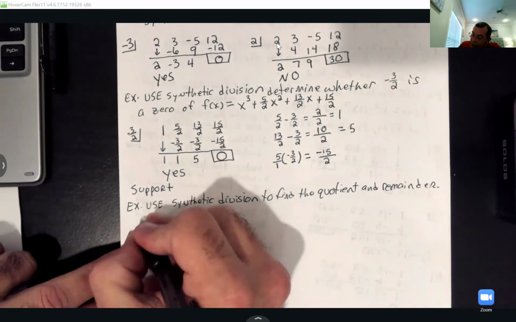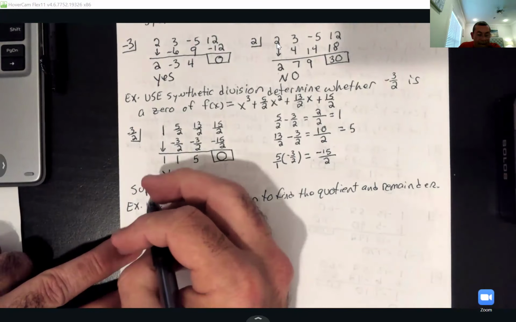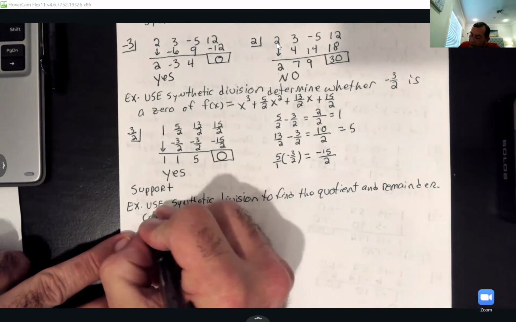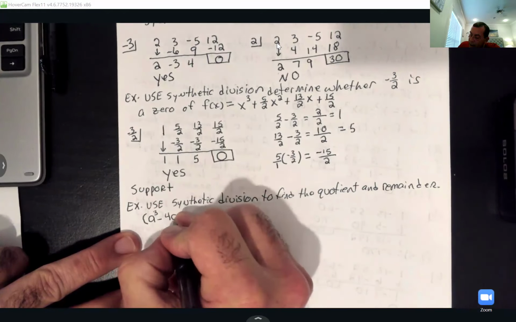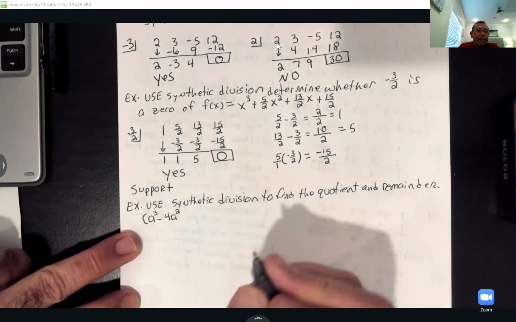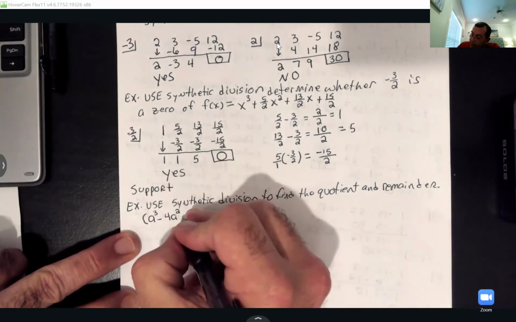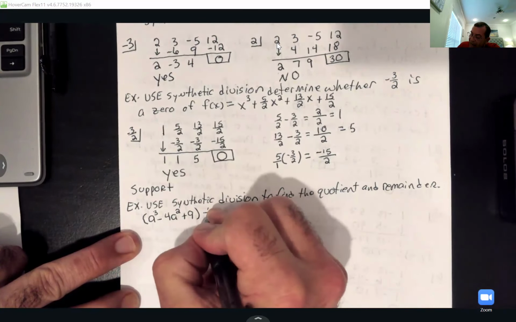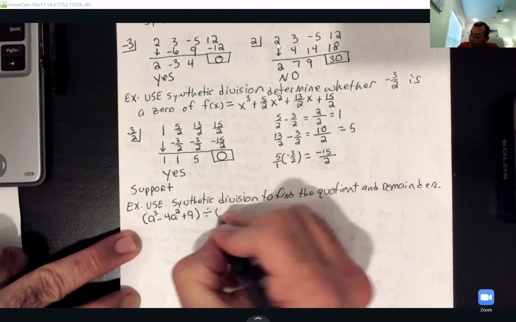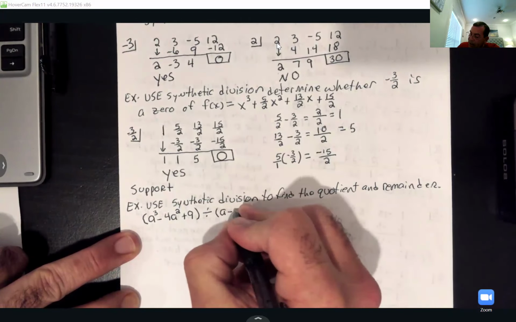So they're giving us a to the third minus 4a squared plus 9, and we're going to divide that by a minus 2.